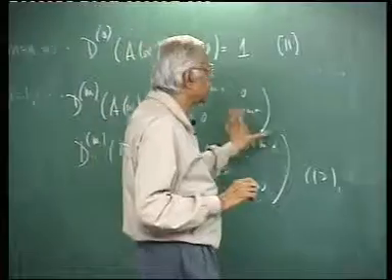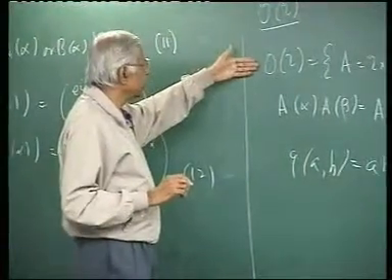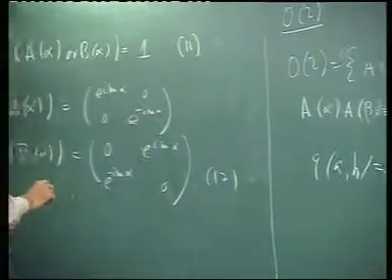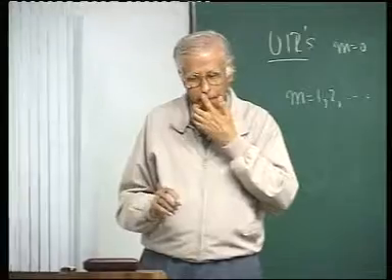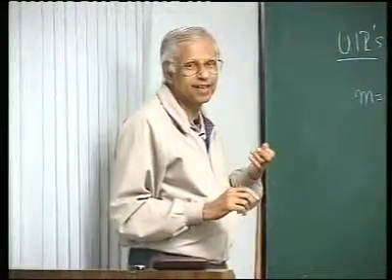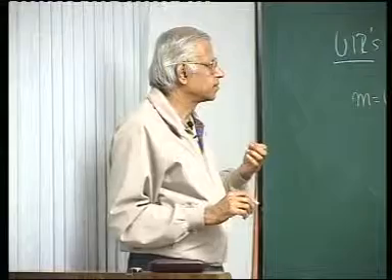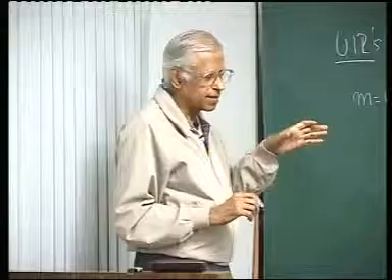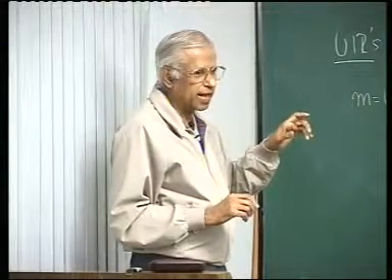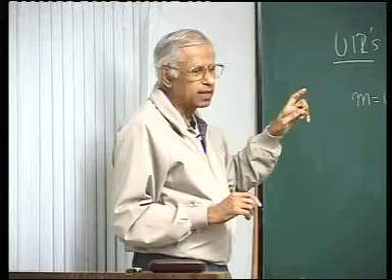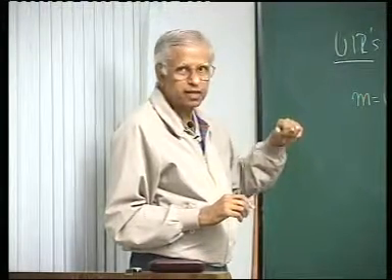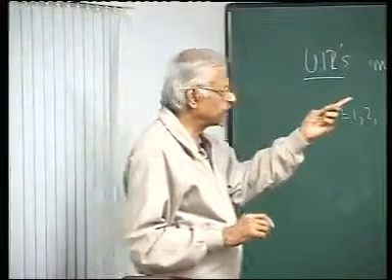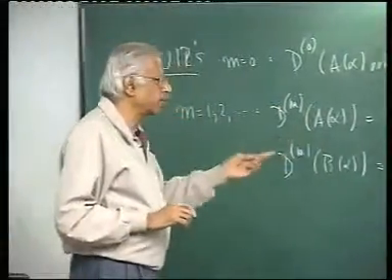Now, how do you recognize the defining representation of O2 in this picture? Which one is it? Does anyone want to guess? For SO2, we said the defining representation is reducible in the complex sense, and it was dm equal to 1 plus dm equal to minus 1. Here what happens is the defining representation is in terms of real matrices. These all are complex matrices.